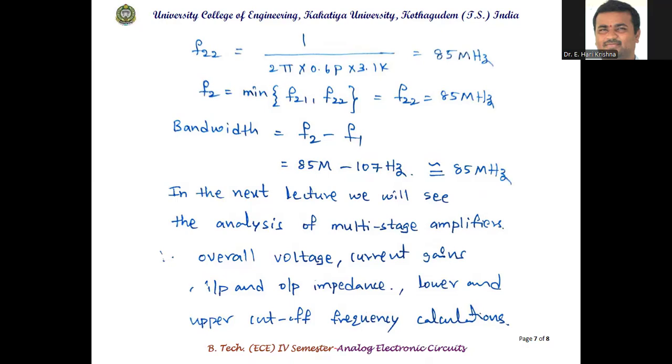If more than one stage is connected, cascaded one after the other, it is a multi-stage amplifier. In that, overall voltage gain, current gain, input impedance and output impedance are not in the syllabus. We will go for lower and upper cutoff frequency calculation and so the bandwidth calculation.